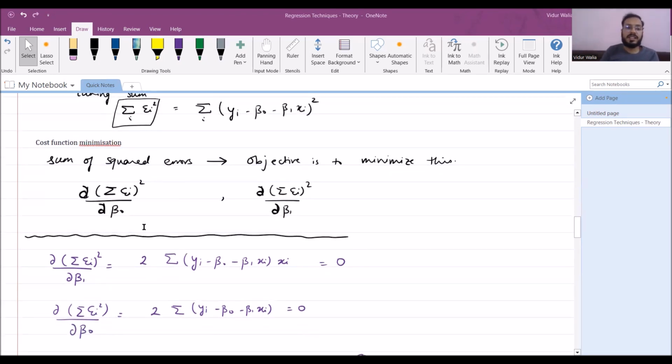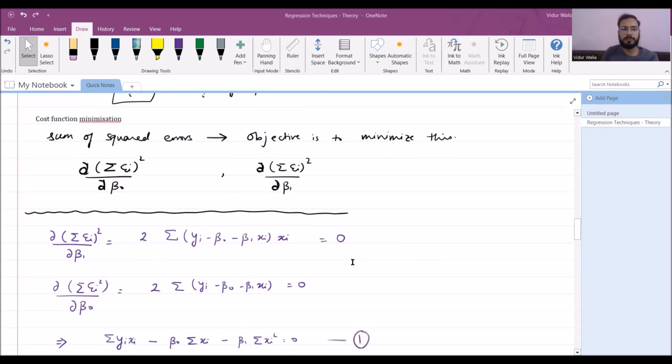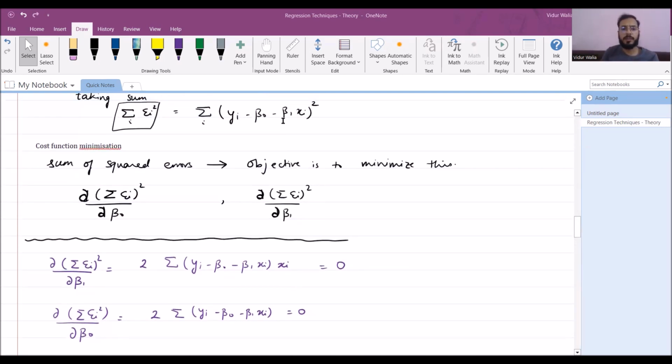So I've just taken the partial derivative with respect to beta 1 first, as this 2 comes down, 2 times the sum of the inner part, which remains the same, yi minus beta naught minus beta 1 xi, and because of the chain rule, beta 1 is the variable upon which we are taking the derivative, so xi comes out outwards, and to minimize it, I'm equating this to 0. Next, again doing the same thing for beta naught.